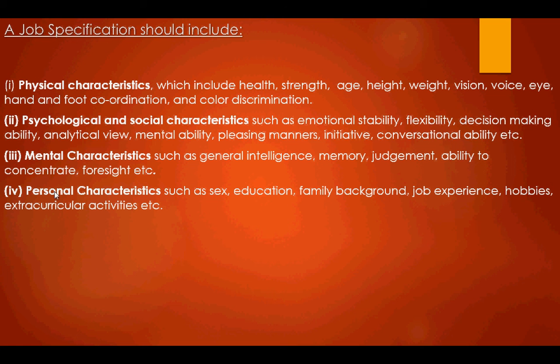Mental characteristics such as general intelligence of a person, memory, judgment, ability of a person to concentrate on work, foresight, etc. Personal characteristics such as sex, education, family background, job experience, hobbies, extracurricular activities, etc.